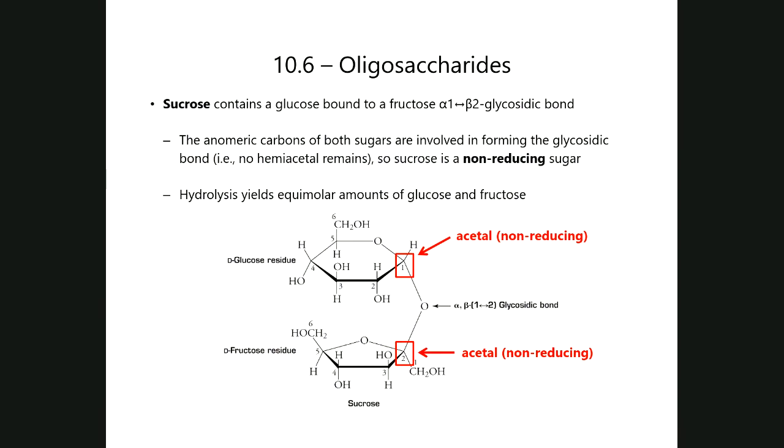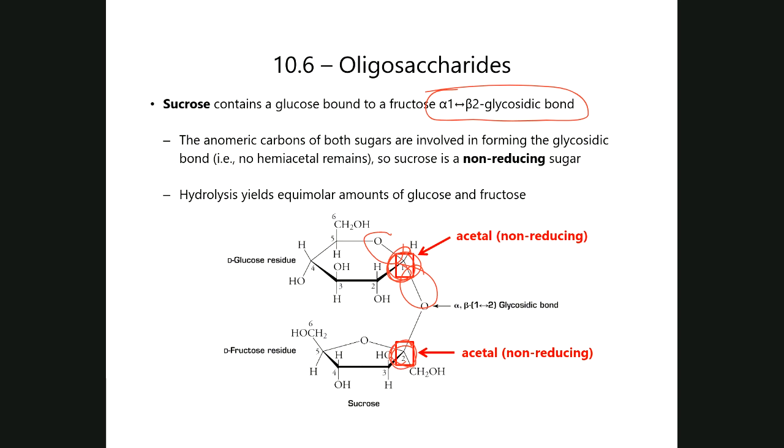In this case, it's a little bit more complicated to designate it. So we call it an alpha-1 beta-2 glycosidic bond. For whatever reason, glucose is given the priority and it's named first. So again, from carbon 1 in glucose in an alpha linkage, that is linking to carbon 2 in fructose.